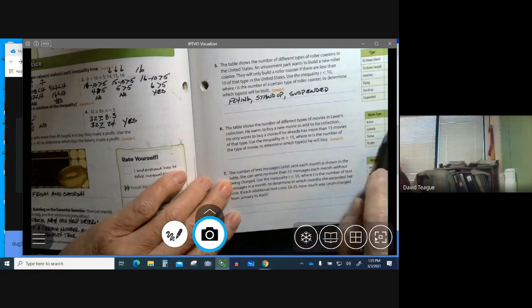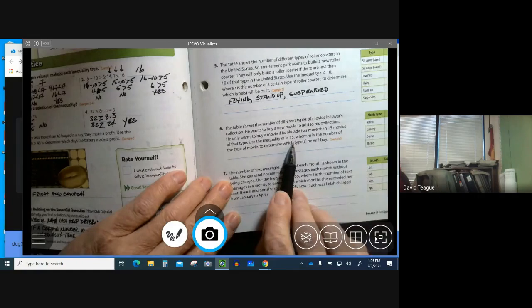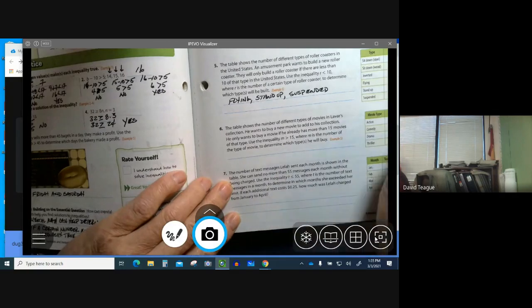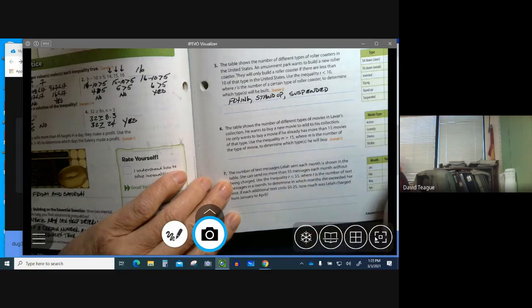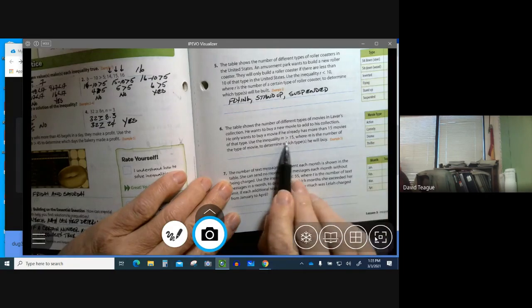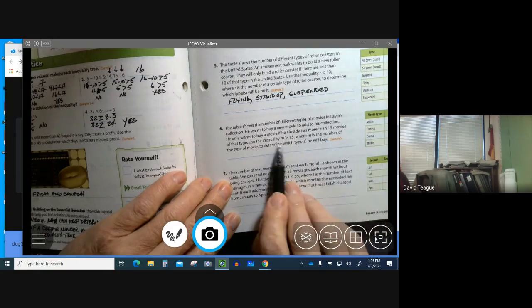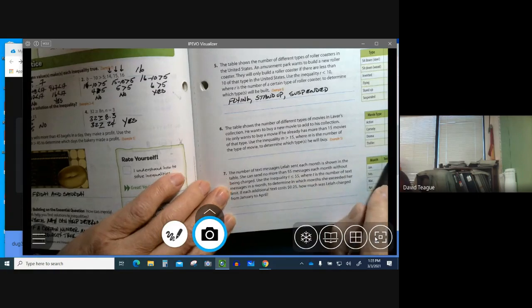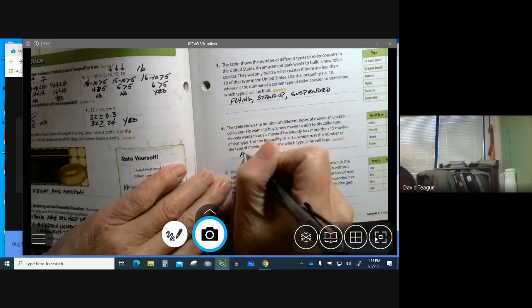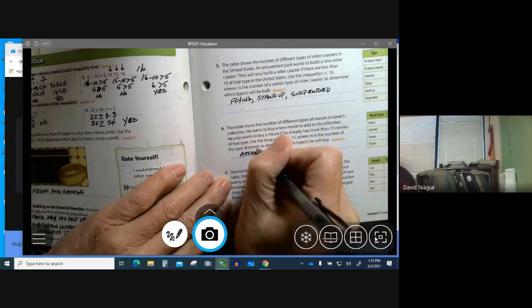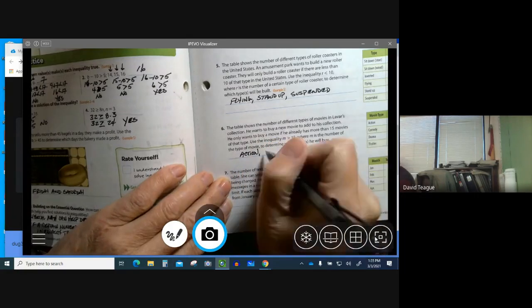We're going to drop this in. Is 18 greater than 15? Yep. Is 24 greater than 15? Yep. Is 12 greater than 15? No. Is 15 greater than 15? It's equal to 15, but it's not greater than. Okay, so that means that he's going to buy an action movie, and he's going to buy a comedy.